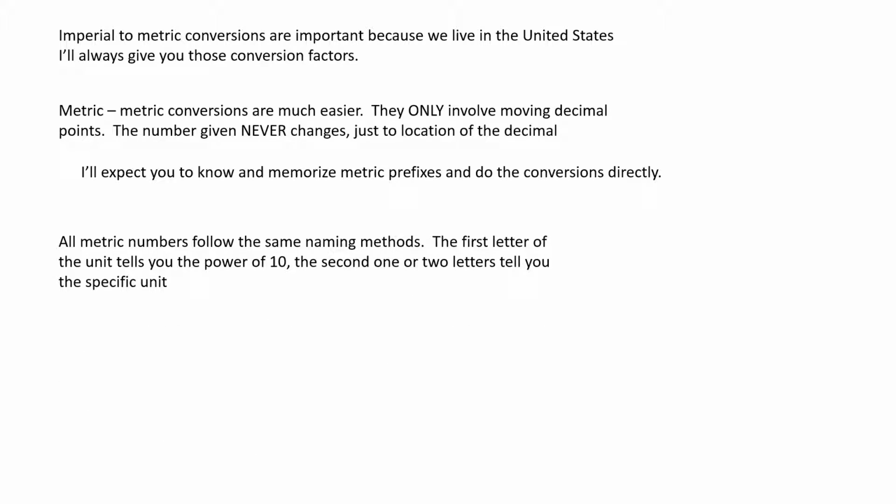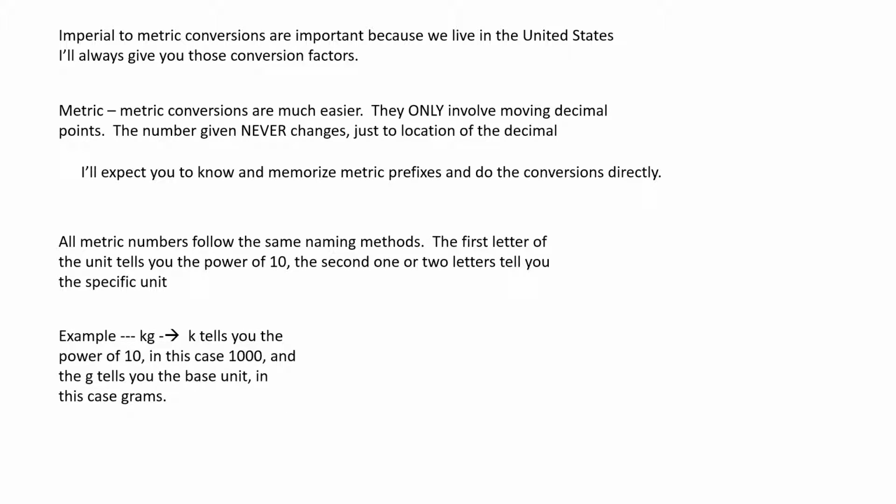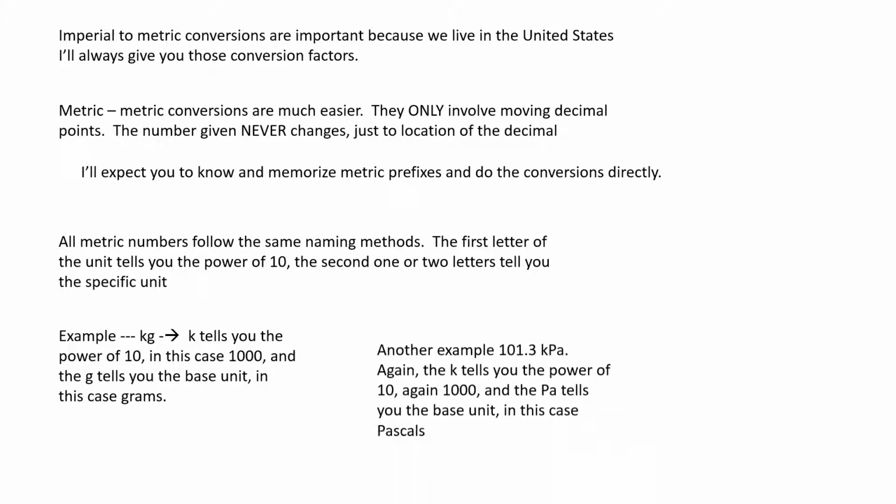All metric numbers follow the same naming methods. The first letter of the unit tells you the power of 10, and the second 1 or 2 letters tell you the specific unit. Example, kilogram. The K tells you the power of 10, in this case, 1,000. Kilo means 1,000. And the G tells you the base unit, in this case, grams.